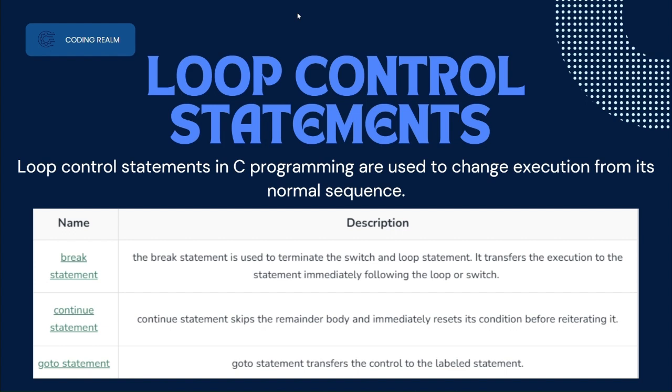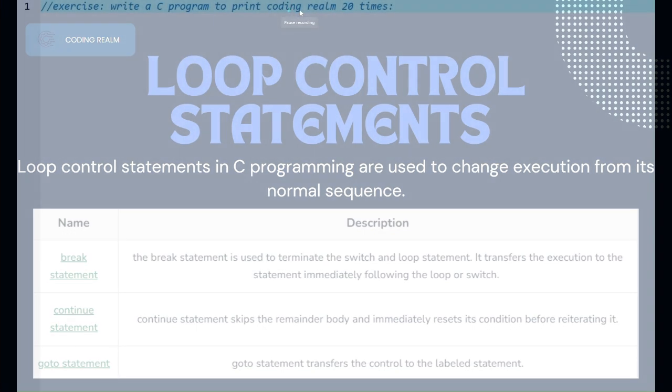The continue statement skips the remainder of the body and immediately resets its condition before reiterating. The goto statement transfers the control to the labeled statement. These are the loop control statements in the C programming language.